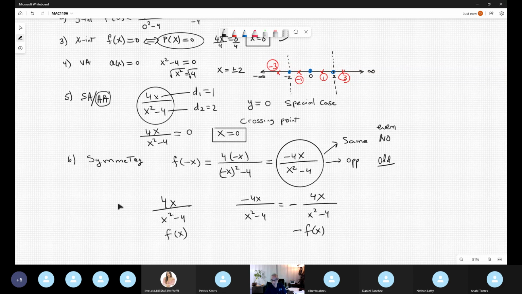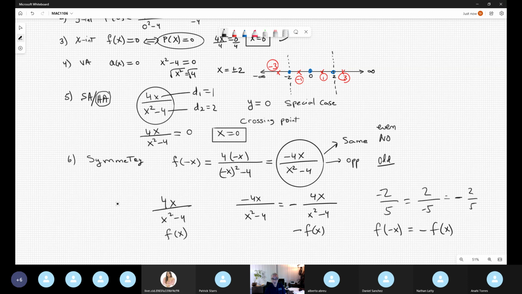No. Okay, the confusing part, I understand. When you have 2 over 5 and you put a negative in the numerator, it's equivalent to 2 over negative 5. Yes or no? Yes, equivalent to putting the negative over 5. The condition for odd is that f of negative x equals minus f of x.